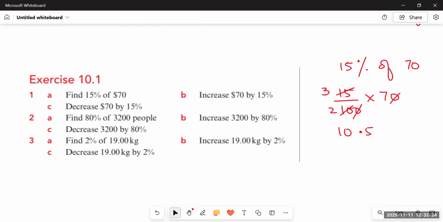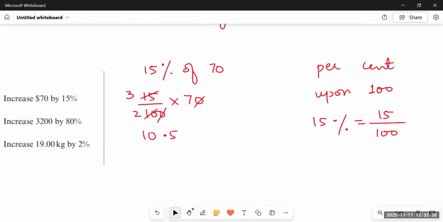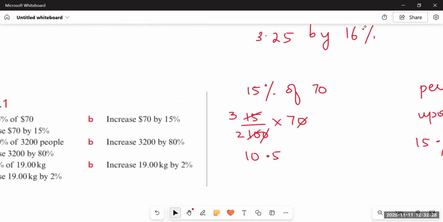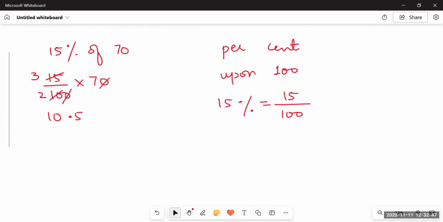Or there's one more method, students. You must know that you can calculate 10% of something having a 0 at the end. If the total of something is 70, what would be its 10%? 10% of something is found by dividing by 10. So if the total is 70, its 10% would be 7. Why?